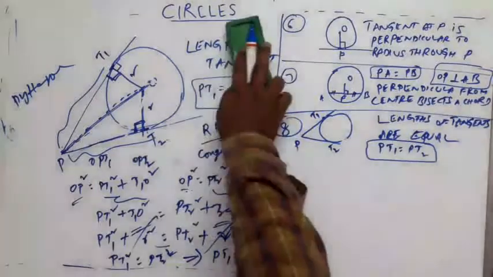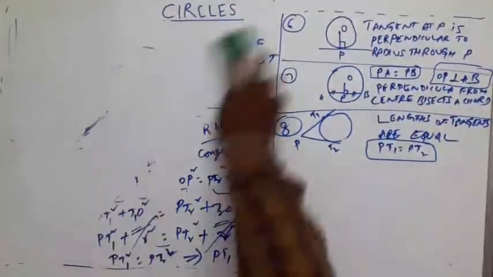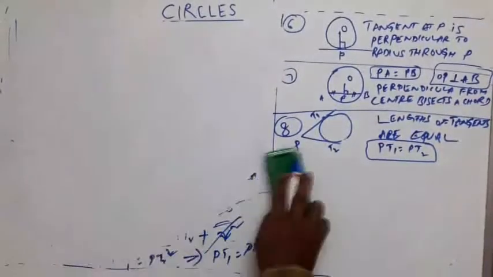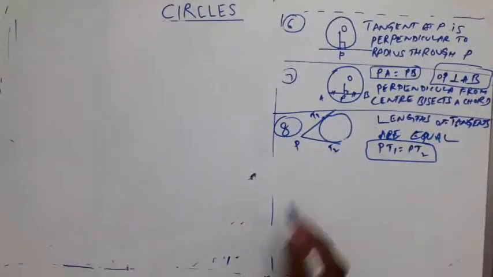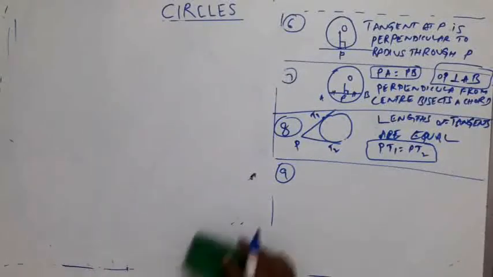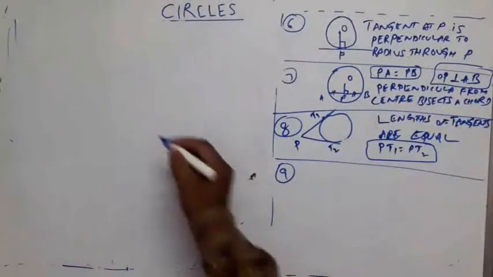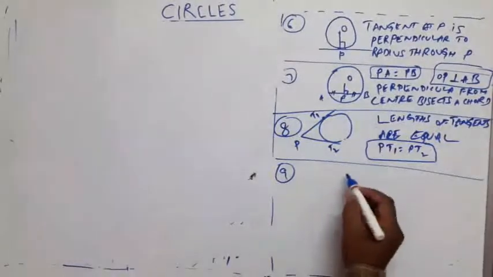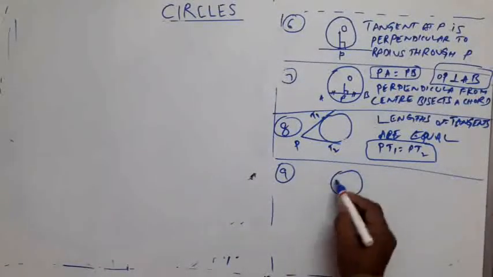Next point. Point number 9, of course we have seen that point already. See, this is a circle.